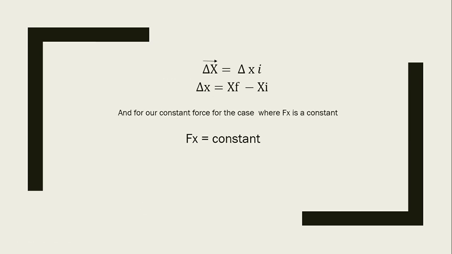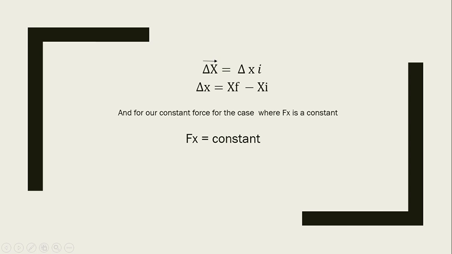And now, what we'd like to calculate is the product of force with the displacement of the object. So our displacement vector delta x is equal to delta x i hat, where delta x is equal to x final minus x initial.